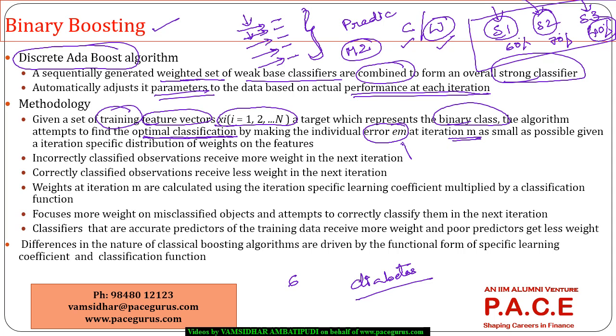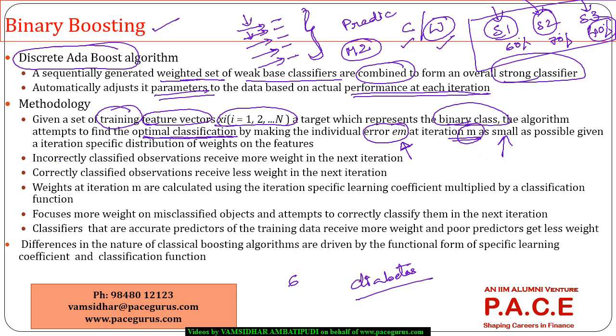How many of them are correctly classified versus error is how many of them are wrongly classified. And a measure of that error is by what extent it is wrongly classified. So there is some kind of a measure of an error at each iteration, and that error, which is the misclassification rate, should be as small as possible.